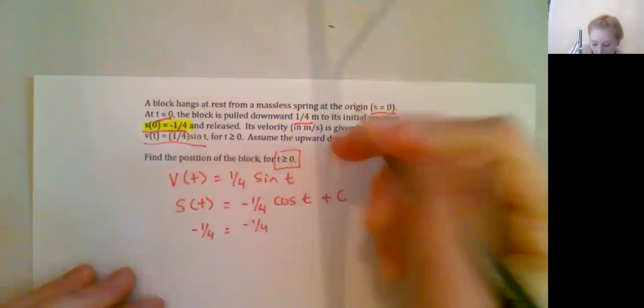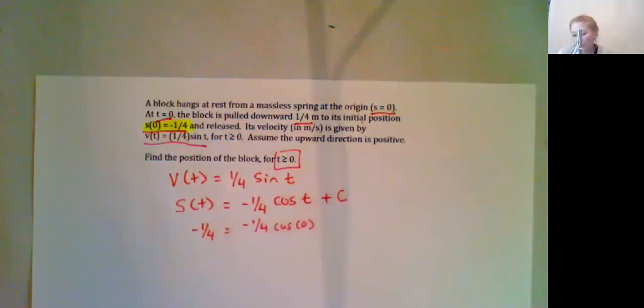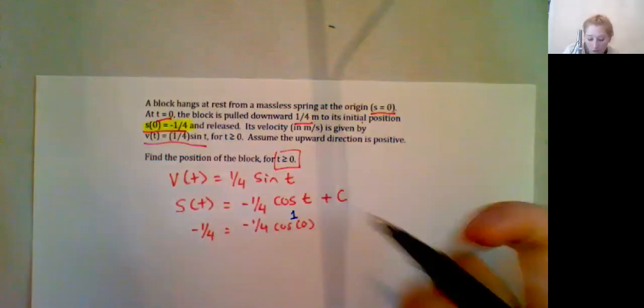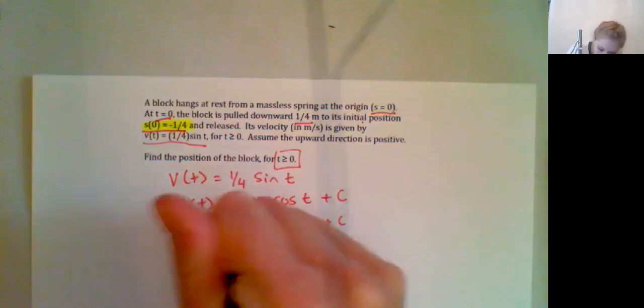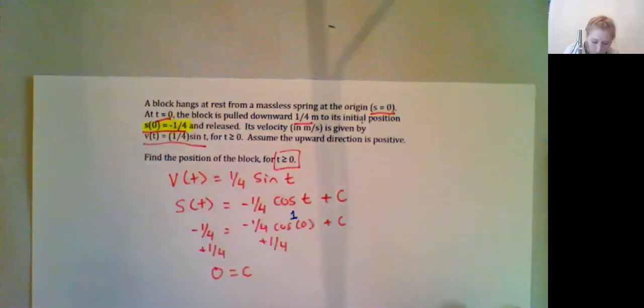Okay, so -1/4 equals -1/4 cosine of 0. Well, what's cosine of 0? Cosine of 0 is just 1. All right, so then essentially, if I add 1/4, I get a c value of 0. Okay, so that is telling me that my position function is just going to be -1/4 cosine of t.